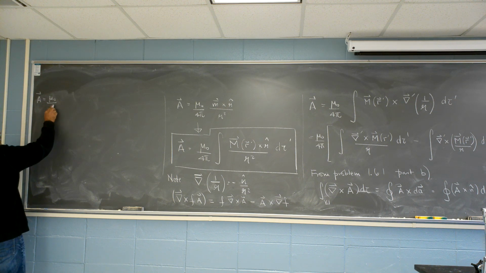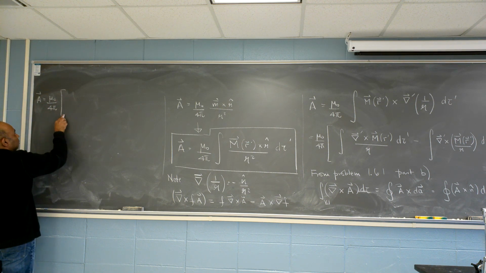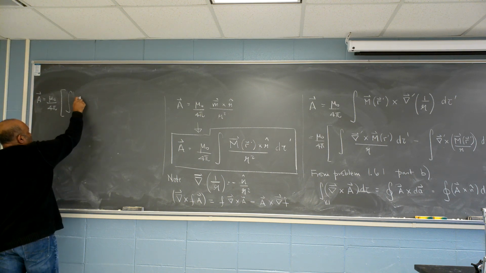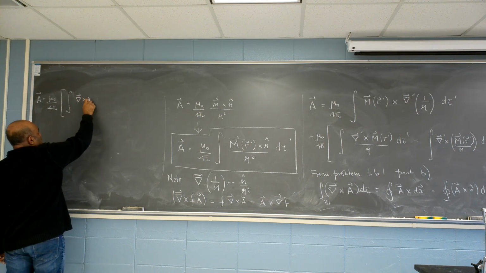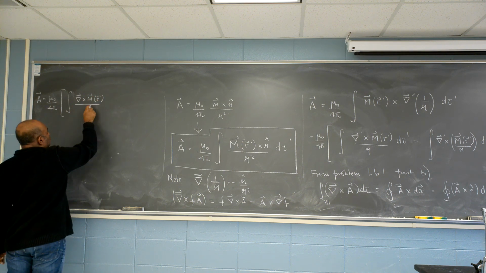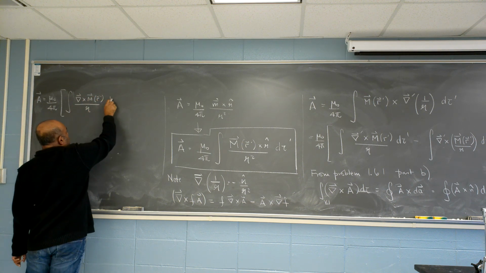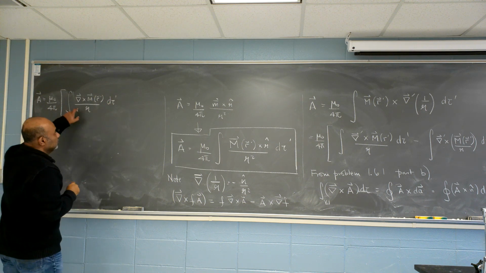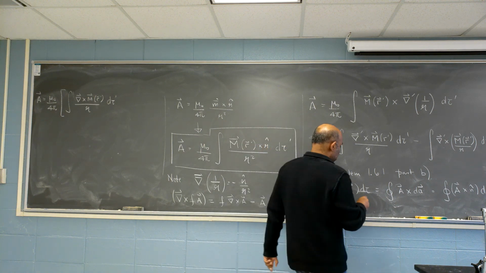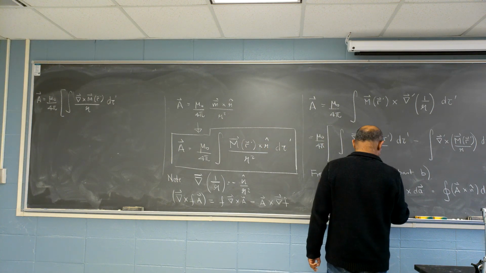I like my first expression. It is curl cross M, R prime over R. This is a nice 1 over R potential. Minus.